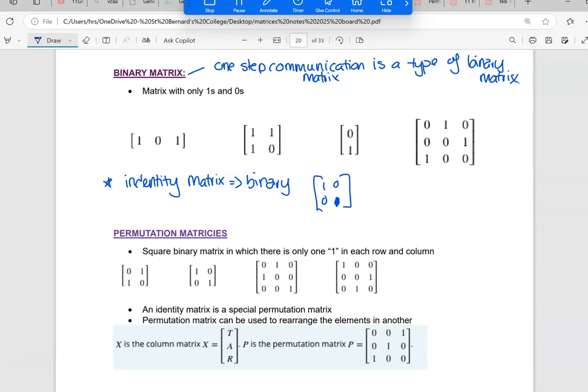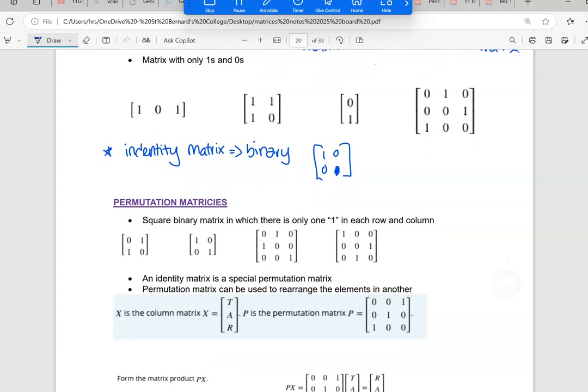So that's why I just wanted to put that one in there. You could get quizzed on the facts of, what type of matrix is an identity matrix? And you could say it's square, it's binary. Just facts that you'll need to know.